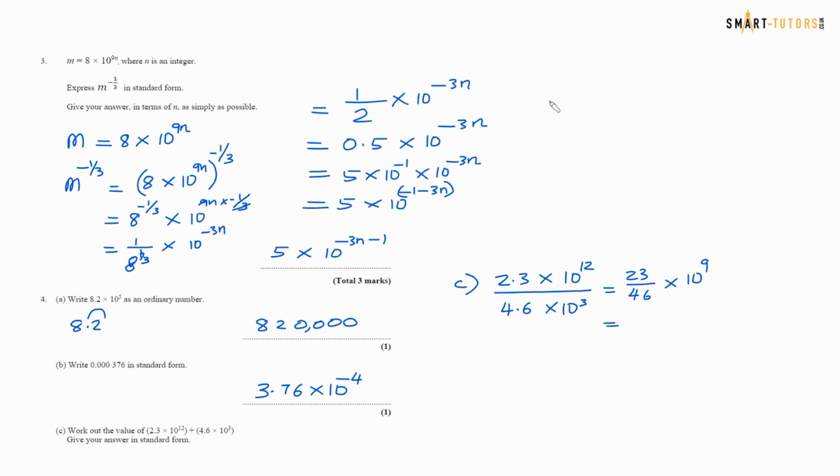So 23 once, 23 twice, so 1 over 2 times 10 to the power 9. So 1 over 2 is 0.5 times 10 to the power 9. So 5 times 10 to the power minus 1 times 10 to the power 9. So the answer is 5 times 10 to the power 8. So that is our final answer for part C.